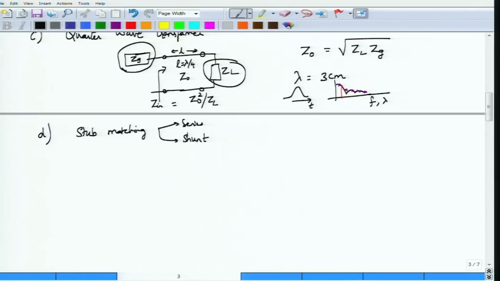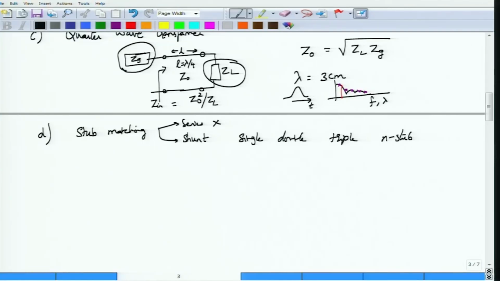Now this series stub is not widely used, so we are not going to discuss that one. In shunt stub, depending on the number of elements, you can have a single stub, only one stub placed at an appropriate location and chosen its length. You can have double stub, or triple stub, or in general an n stub matching network.